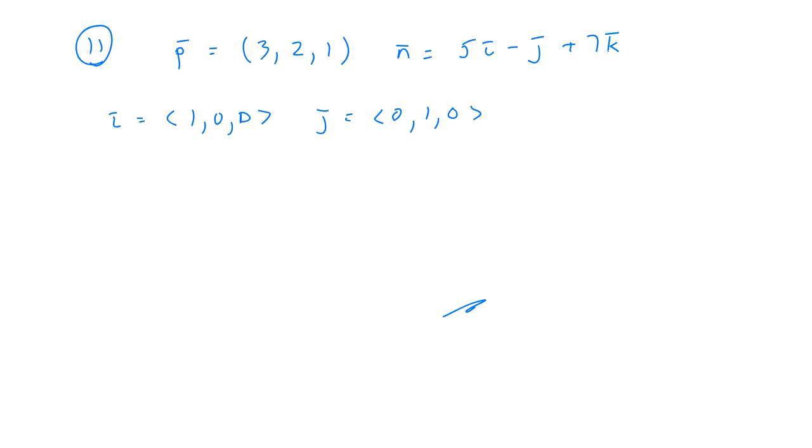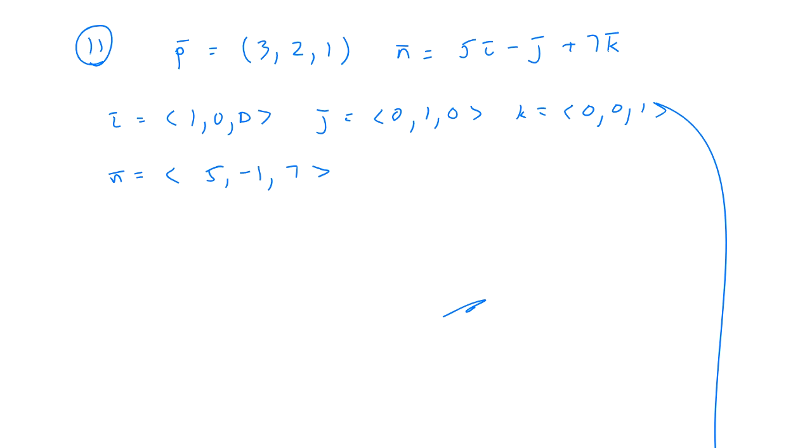J is the vector in the direction of the y-axis, and K, sorry about the extra line, is the vector in the direction of the z-axis. So in other words, that n is the same as this.